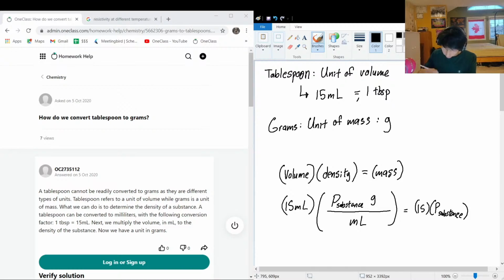It could be water, it could be liquid metal, it could be hot sauce, and we have grams. Rho substance, I'll just specify that to make it extra clear, is going to be the density of the substance of interest.